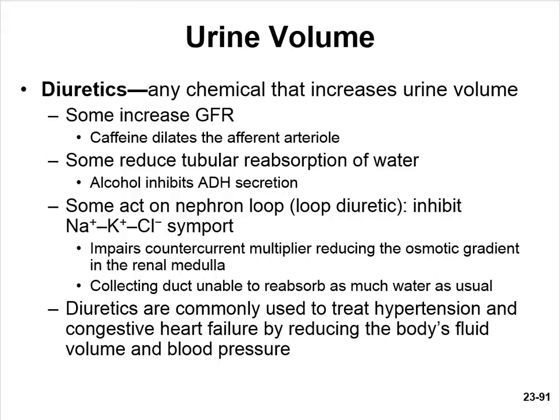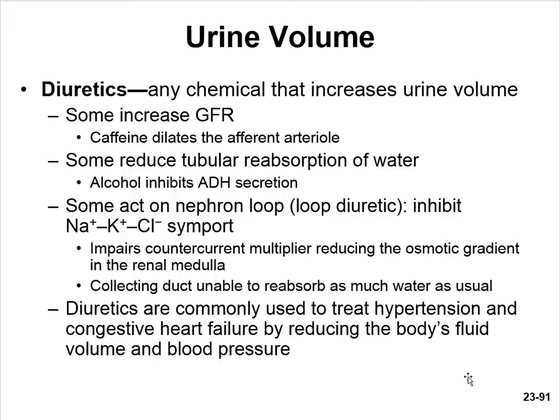Some other diuretics may act on the nephron loop and inhibit sodium, potassium, and chloride symport, which then impairs the countercurrent multiplier and reduces the osmotic gradient in the renal medulla. And the collecting duct is unable to reabsorb or put water back into the blood like usual.